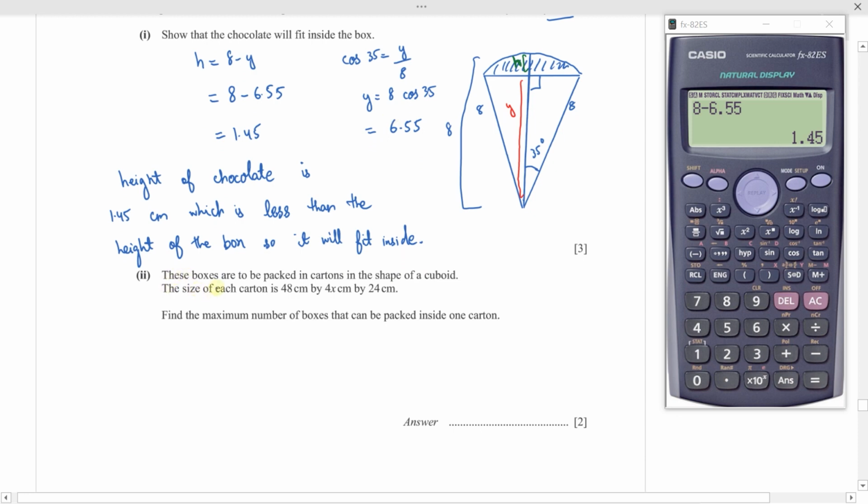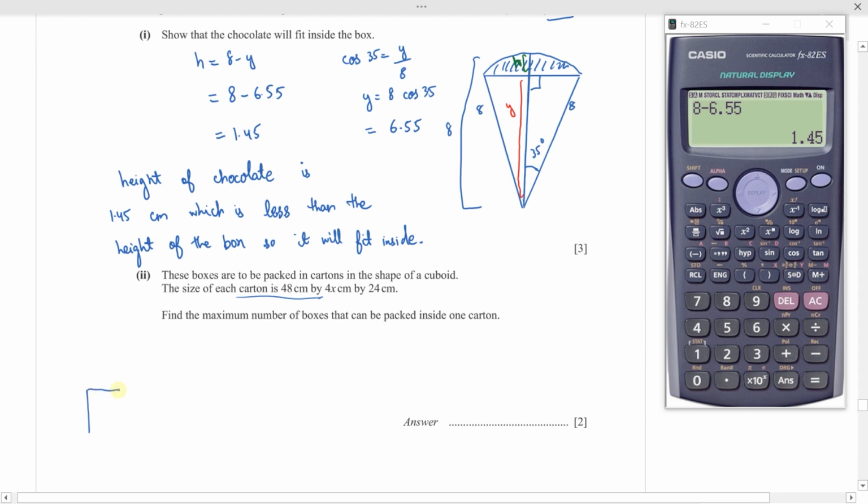The next part is these boxes are to be packed in cartons in the shape of a cuboid. The size of each carton is 48 by 4x by 24 centimeters. Find the maximum number of boxes that can be packed inside one carton. So let me first draw the carton here.